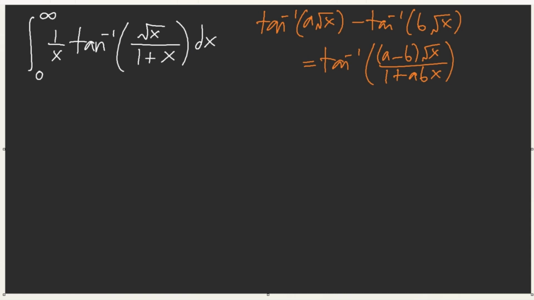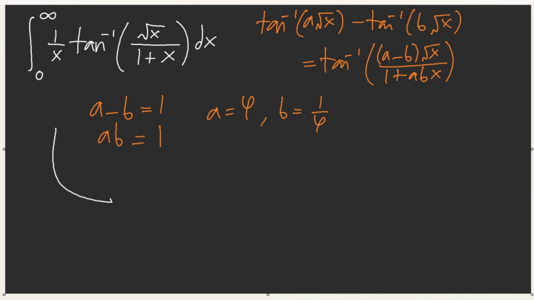We see that a minus b needs to equal 1, and ab needs to equal 1 as well. We already solved for this: a is equal to phi, b is equal to 1 over phi. So here, what we end up getting is pi over 2 times ln of, well, be very careful.